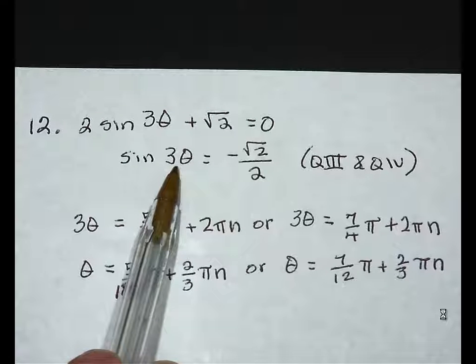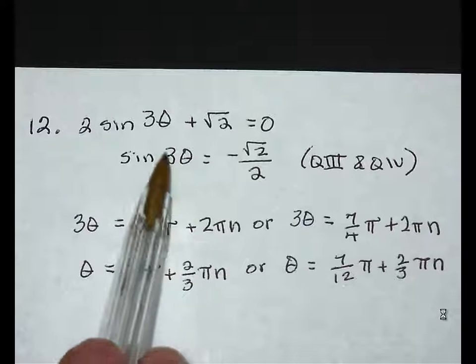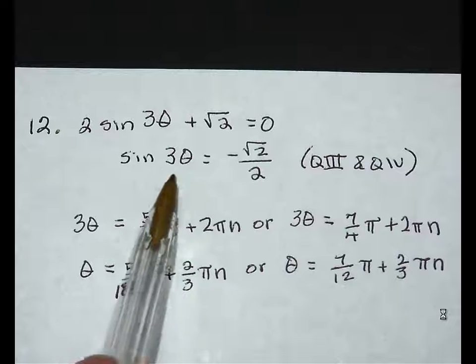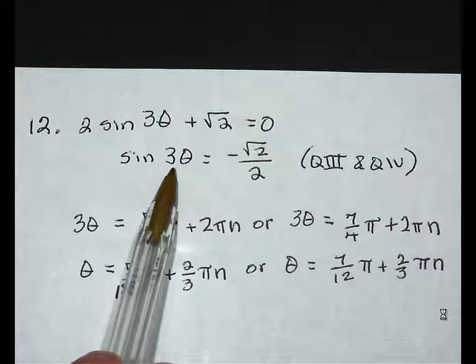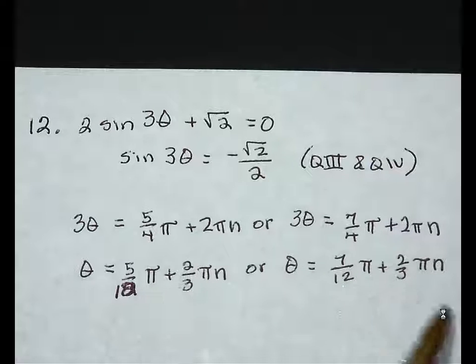What's the period? The normal period for sine is 2 pi, and I'd have to divide it by the coefficient of x, so the period of this function is 2/3 pi. That's why we're adding multiples of 2/3 pi, because the period of this function changed.